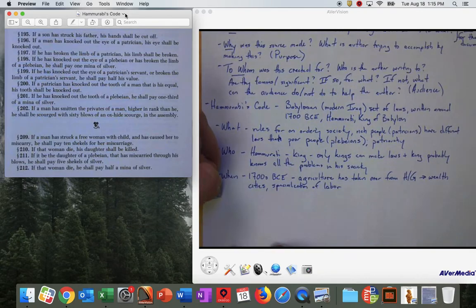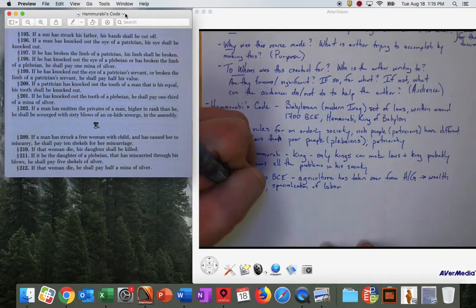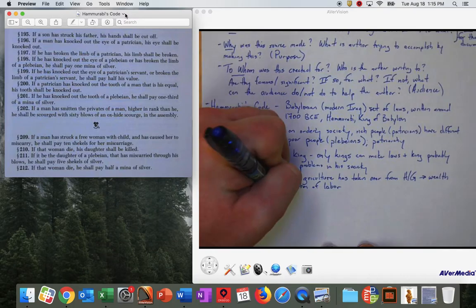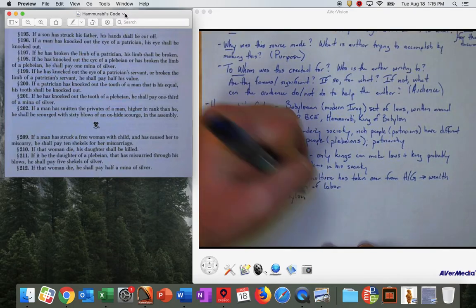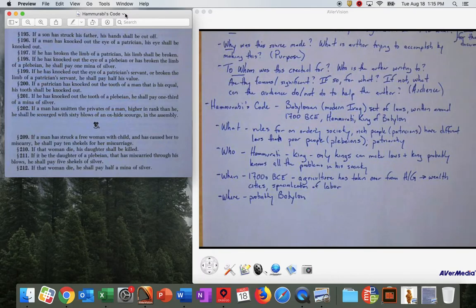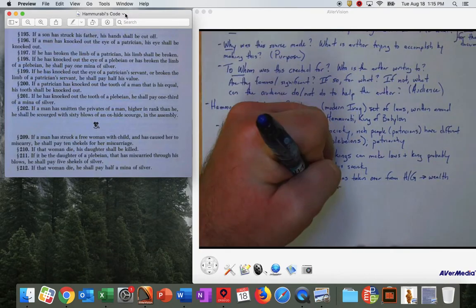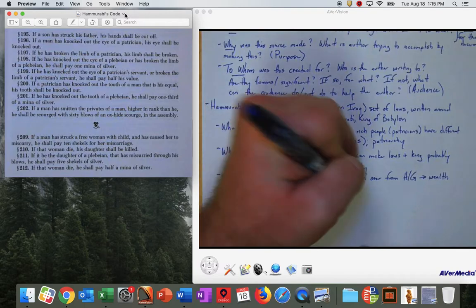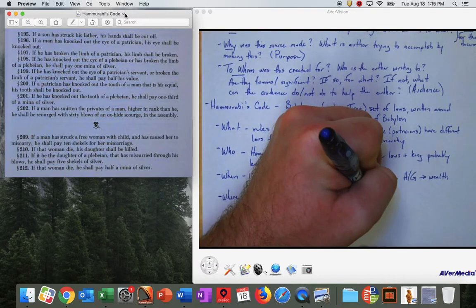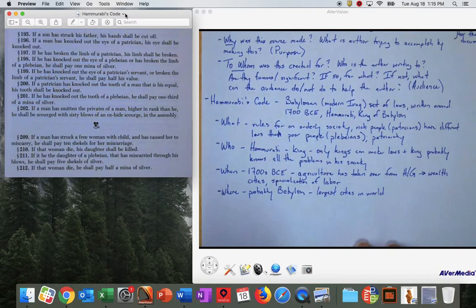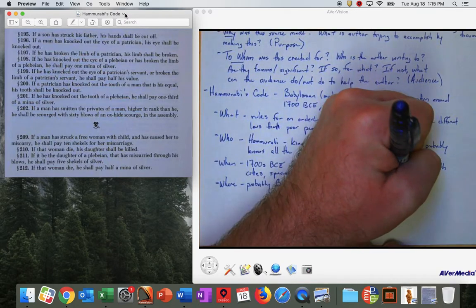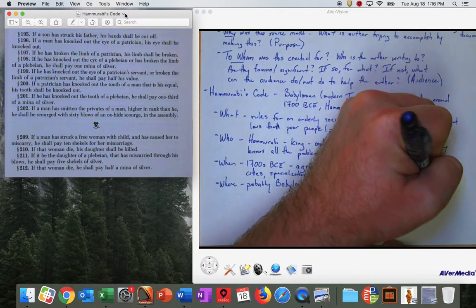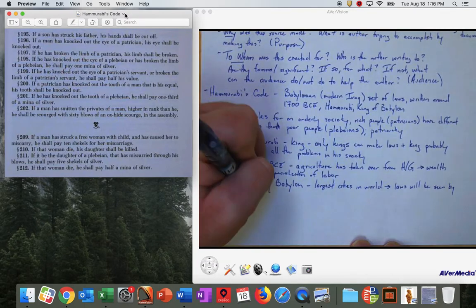All right. Next up, where? So we know this was written probably in Babylon. It doesn't say so for certain, but it's the capital, and the king lives in the capital, so probably Babylon, which you've got to imagine is one of the largest cities in the world at the time, which means that these laws will be seen by the most people.